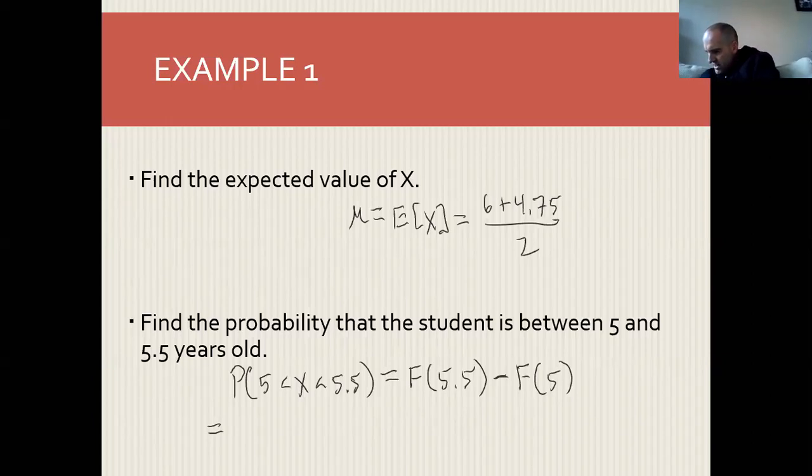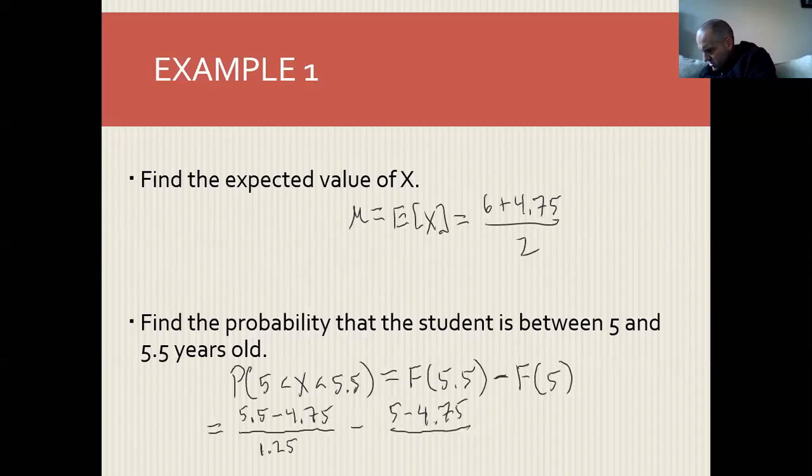So it would be 5.5 minus 4.75, that's x minus a, over 1.25, minus 5 minus 4.75 over 1.25. So this minus applies to this whole thing right here.